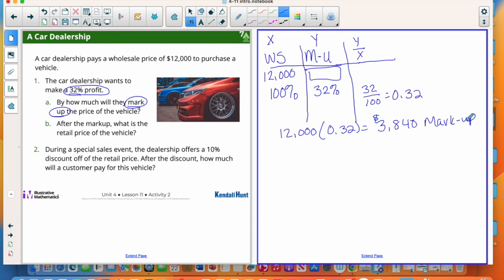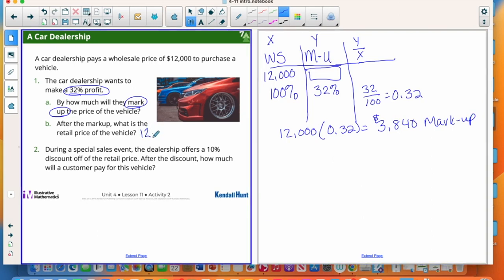So after the markup, what's the retail price of the vehicle? Well, we have our wholesale plus our markup, which gives us $15,840.